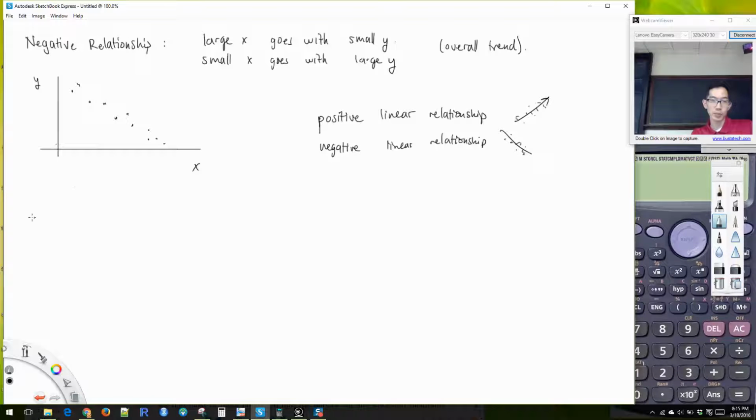So part of describing a relationship between two numeric variables is the direction. It's either positive, negative, or neither.